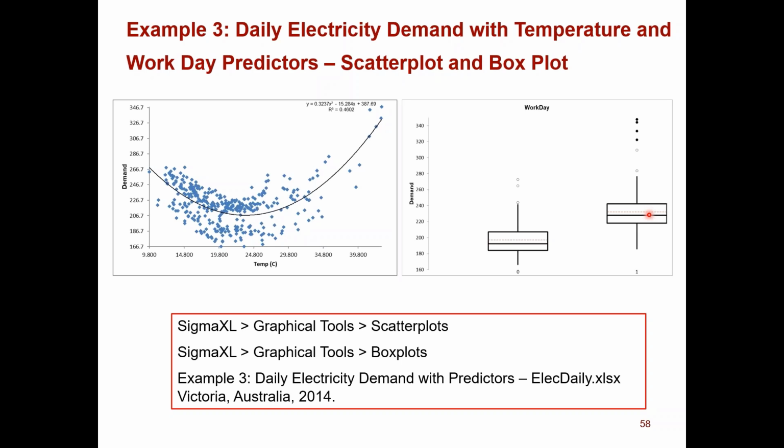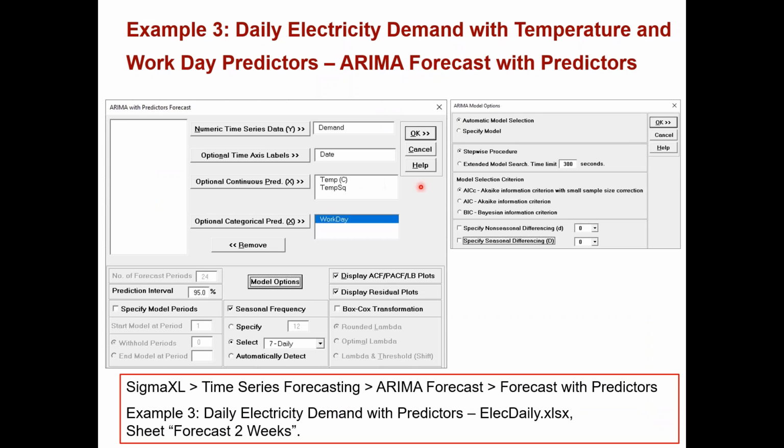So the thing is, you know that workday matters. You know that there's a day-to-day seasonal effect, day of the week seasonal effect, and there's also this relationship between temperature and demand. And you want to put it all together and build a predictive model. And we did that in part 2.